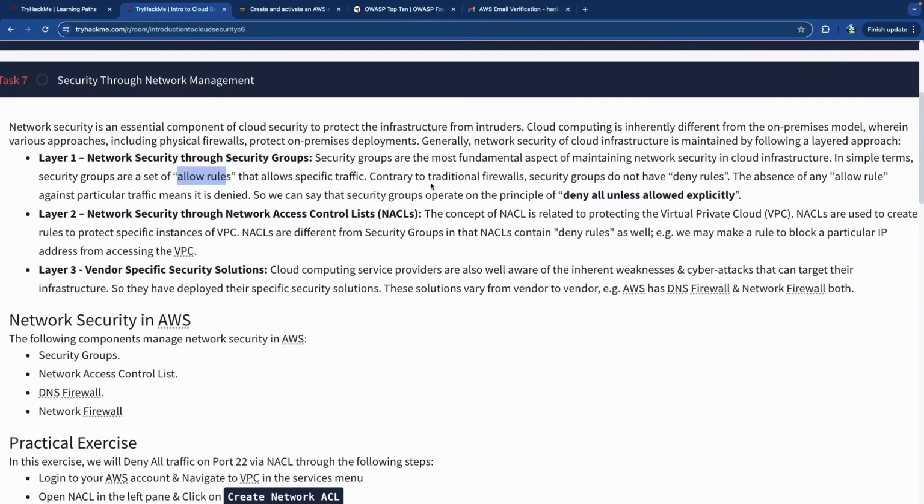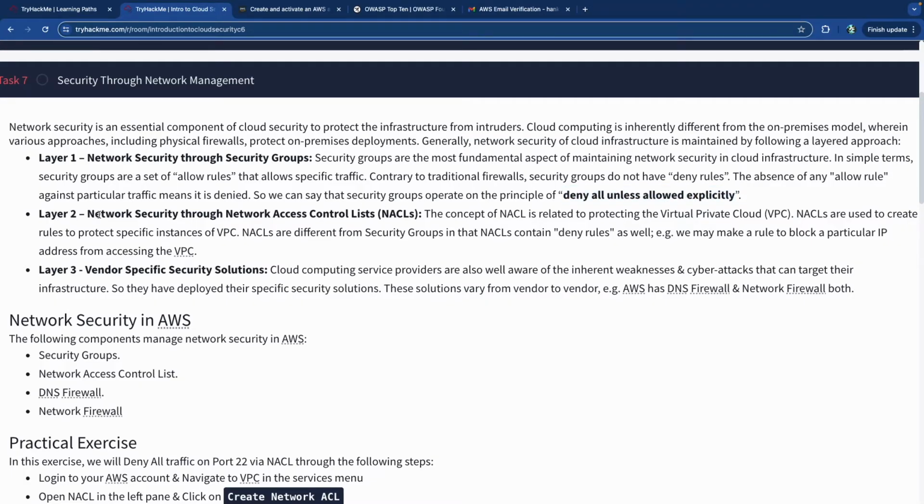Contrary to traditional firewalls, security groups do not have deny rules. The absence of any allow rule against a particular traffic means that it's denied. So you basically explicitly allow something, and if you don't want it to be allowed, you just don't check the allow button, right? So we can say security groups operate on the principle of deny all unless allowed explicitly.